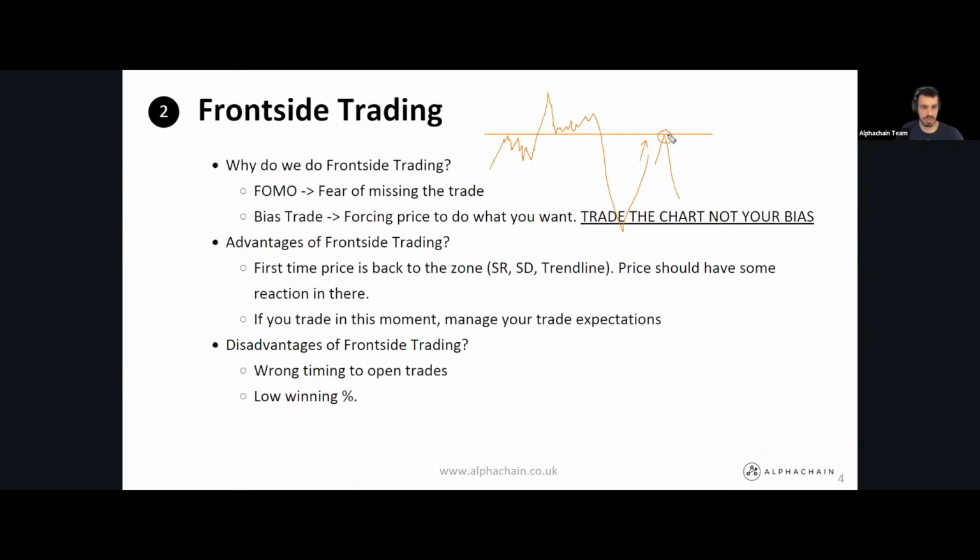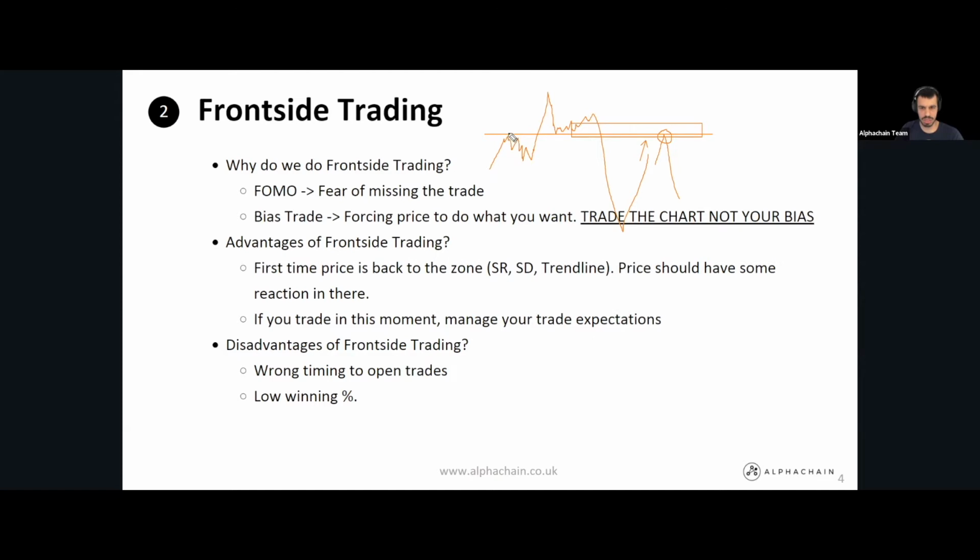So this is maybe the only moment where it's a good timing to look for this front side trading, like to set up a limit order in here, price touches it and goes down. And this may be one of the only moments that we should do this, especially if this level is still fresh. So price hasn't reacted from here before.